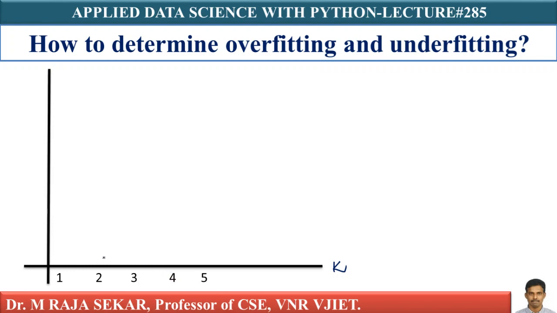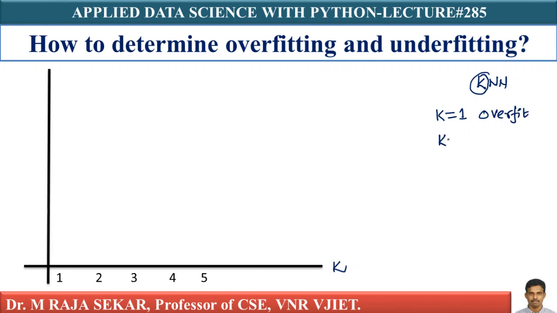The only thing I am changing in KNN is k. That one must understand: k equal to 1, k equal to 2, and so on. What happens when k equal to 1? I already discussed this in my previous lectures: overfit.